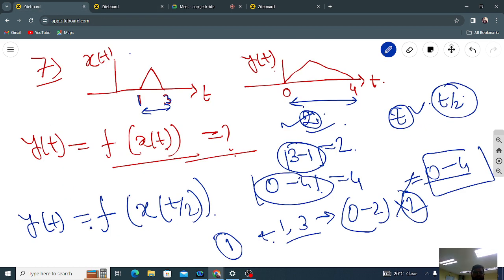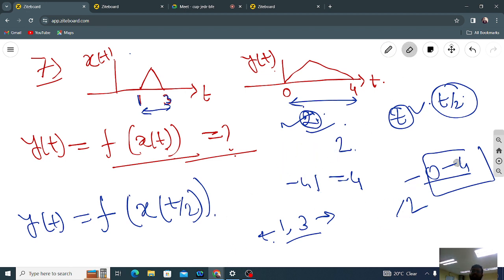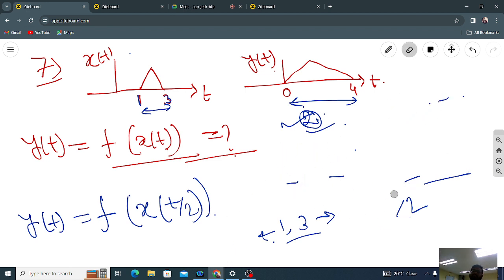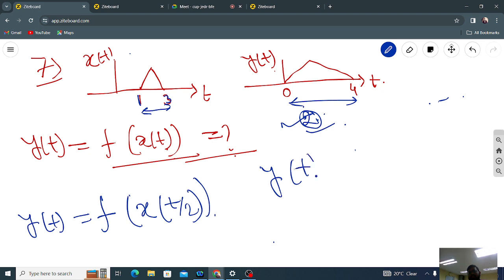So the function that we want to find here, y of t is equal to x of t by 2 plus 1.